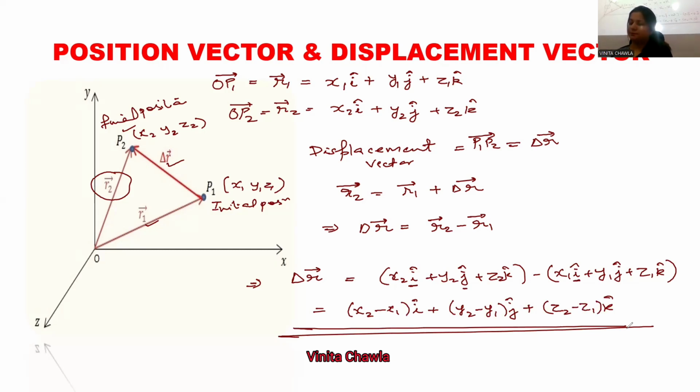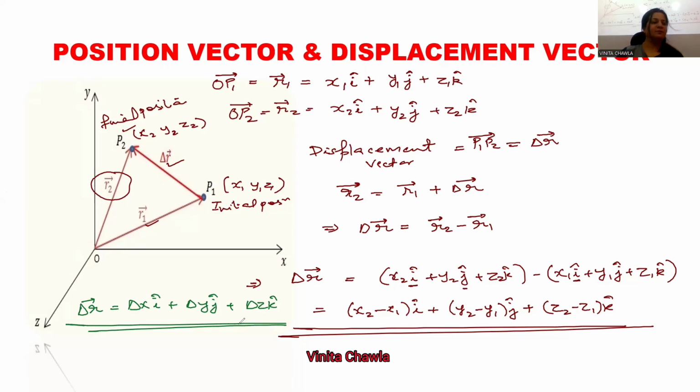Or, if we say that this x2 minus x1 is delta x, then we can write delta r as delta x i cap plus delta y j cap plus delta z k cap. We can write like this.